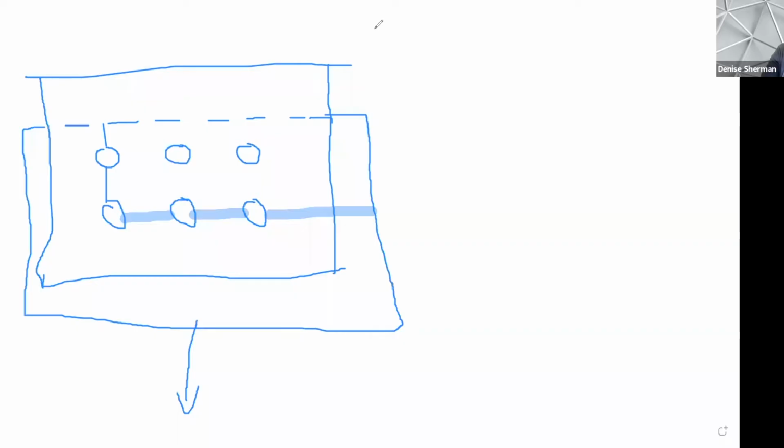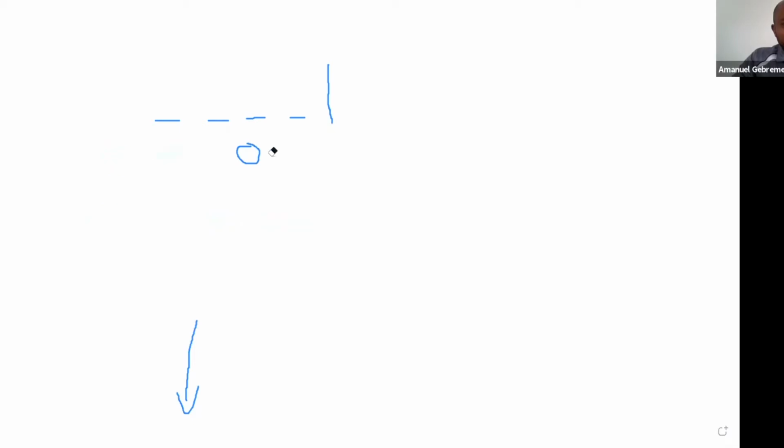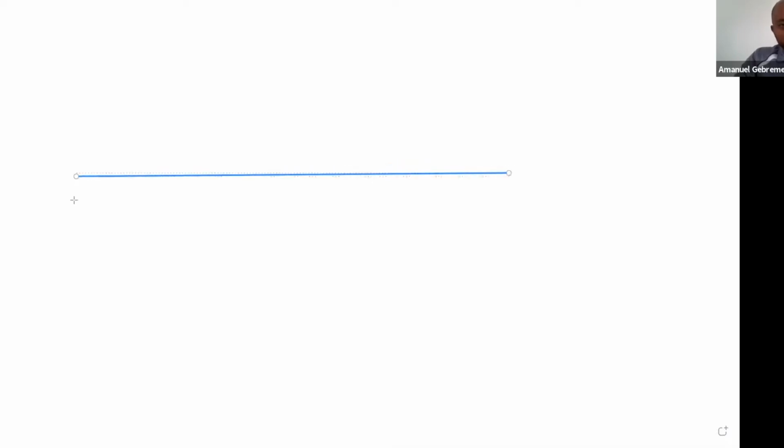Okay. So let's just delete all of this. Clear this out. All right, so if I were to draw just an angle, so I draw this angle.